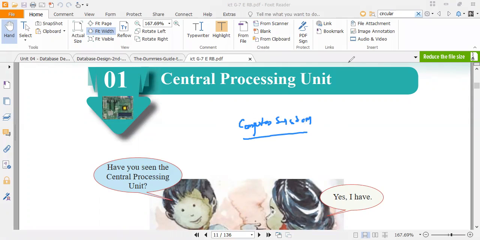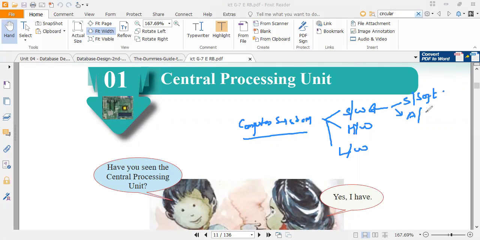simply we can say a computer system is like software, hardware, and liveware. Software, you know about a lot of software we are using. Sometimes we are using system software, sometimes application software.